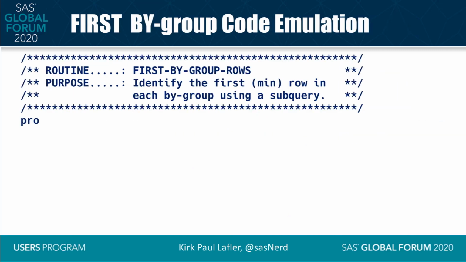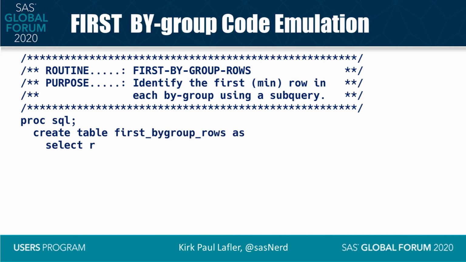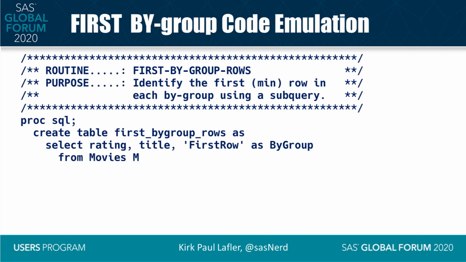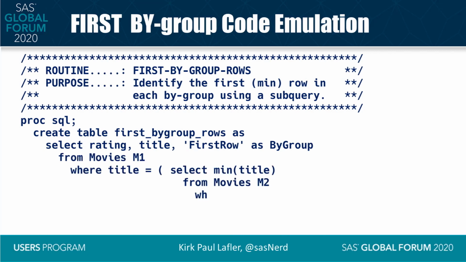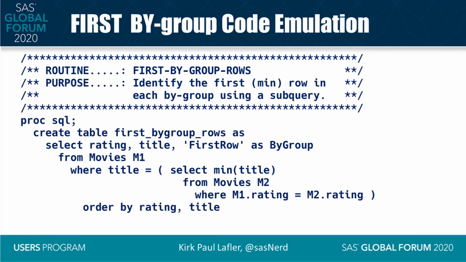In this first example, I illustrate how to process by groups that are represented as first rows in each by group. Now what I want to do is show you that I'm creating a table, work.first by group rows.